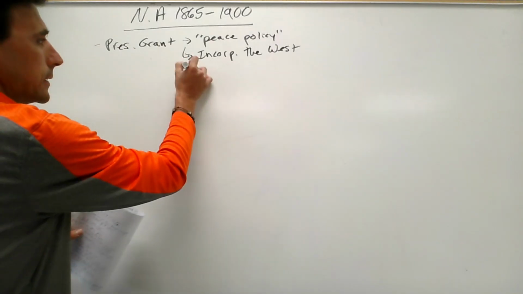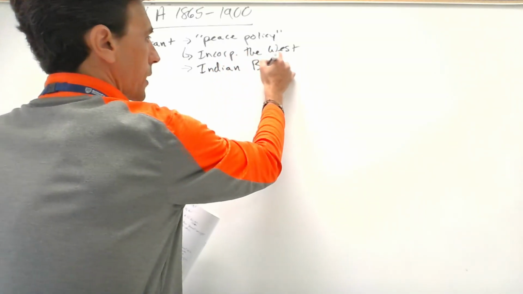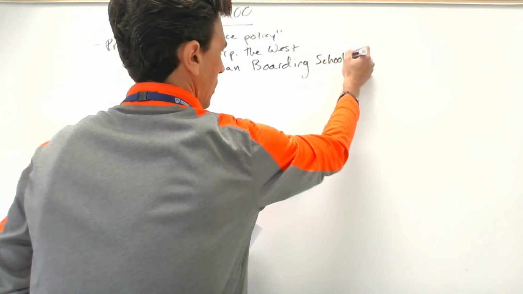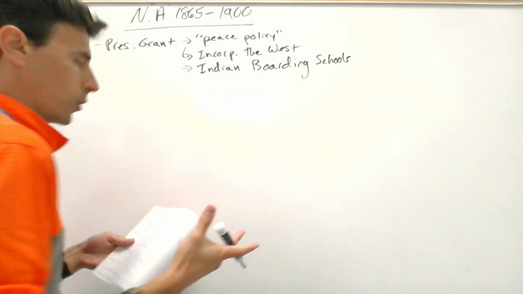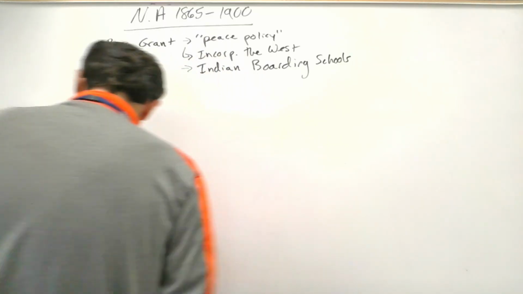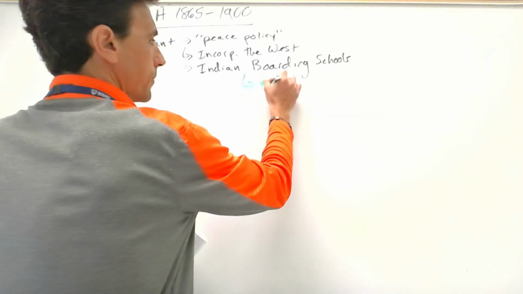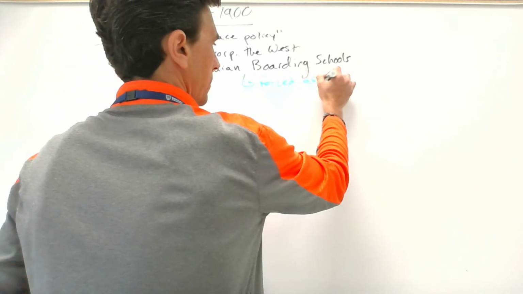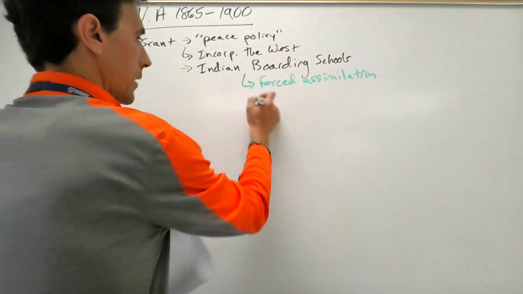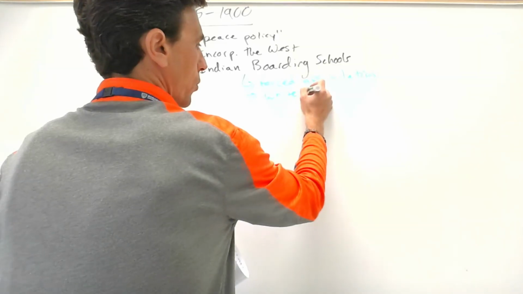So what Grant does is he creates these Indian boarding schools. It sounds nice, like, okay, they're just boarding schools. It's not horrible, but actually it turned out to be pretty horrible for the people in them. This was forced assimilation. It was basically trying to Americanize them with white culture.